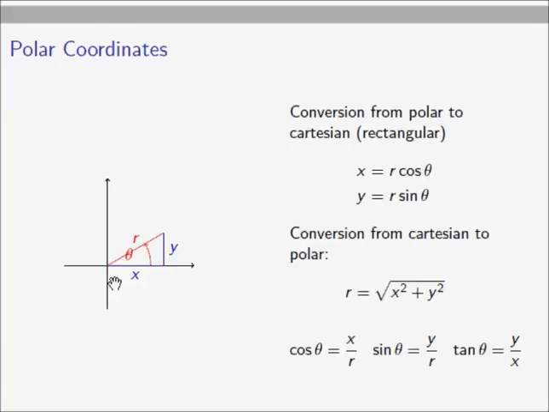You can use any of the three ratios, whichever you're most comfortable with, to find theta. You can use cos with x and r, base and hypotenuse. You can use sine with perpendicular and hypotenuse, or you can use tan with the perpendicular and the base.